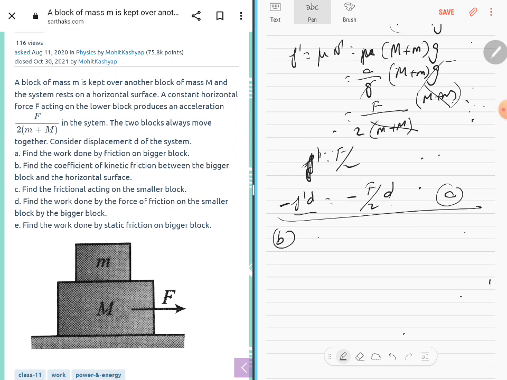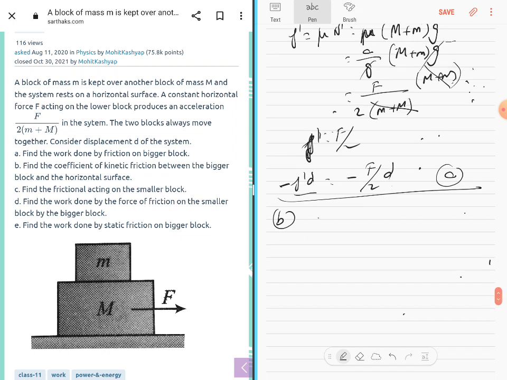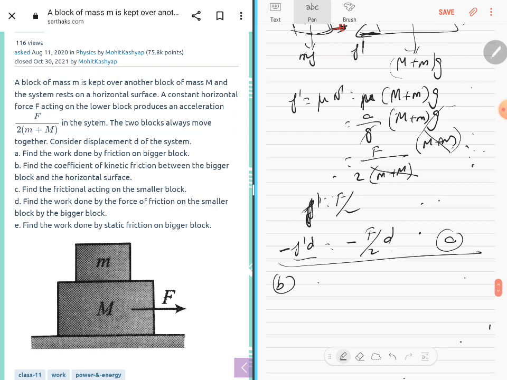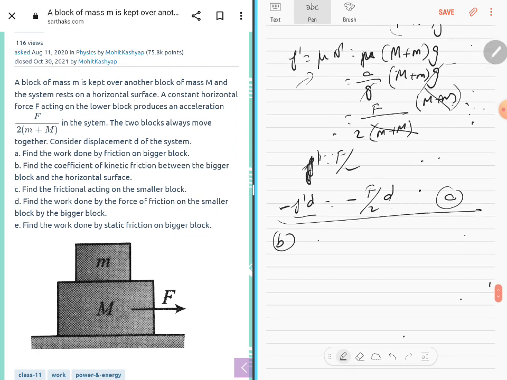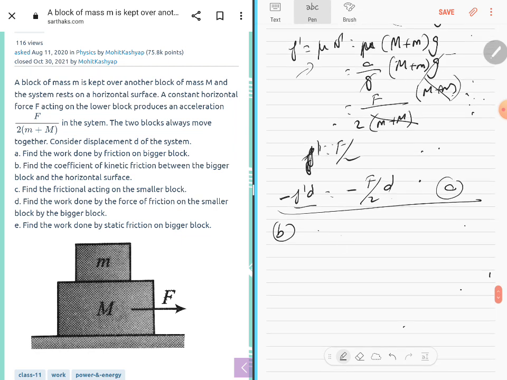That frictional force is called kinetic frictional force, or coefficient of kinetic friction into normal reaction. Yes, the coefficient that you're using is based on it already moving.